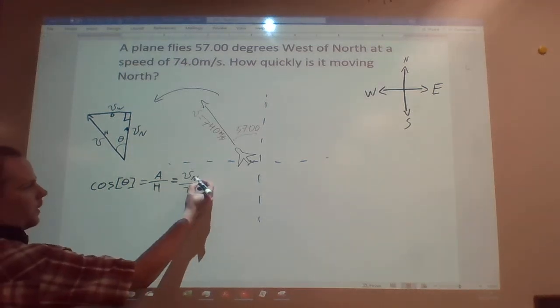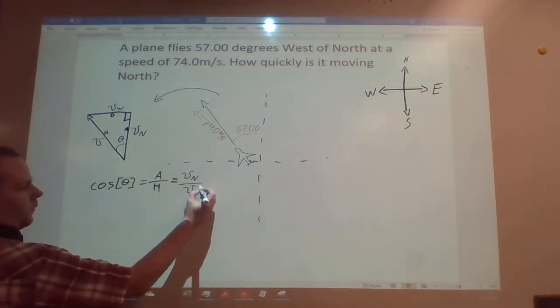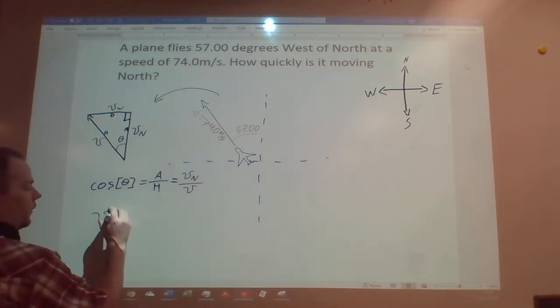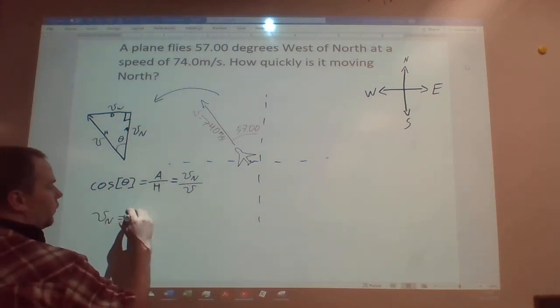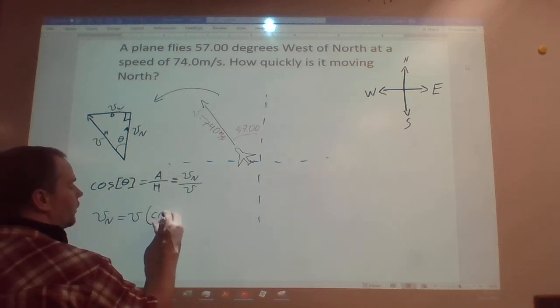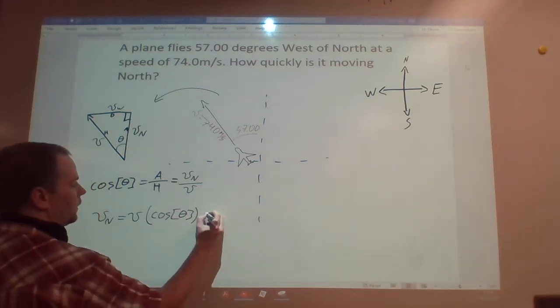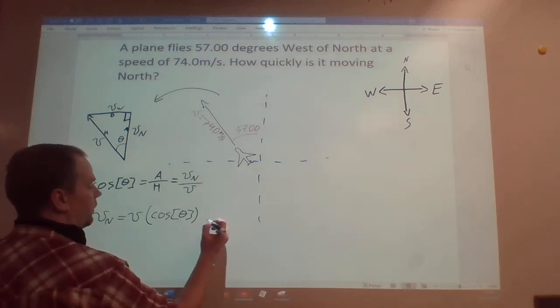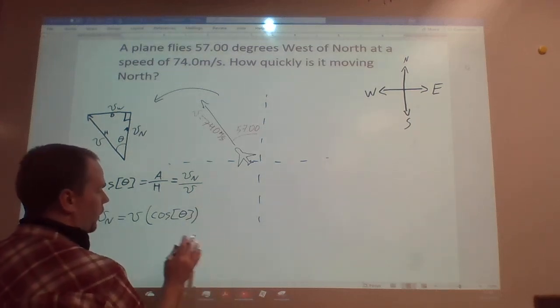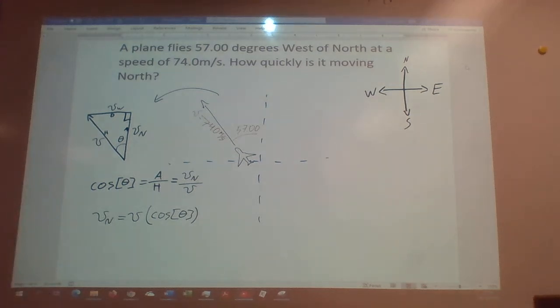Same thing, we're looking for V north, so we're going to solve this for V north. So V north is equal to V times the cosine of theta. Stop, period. That's it. That's the whole equation.